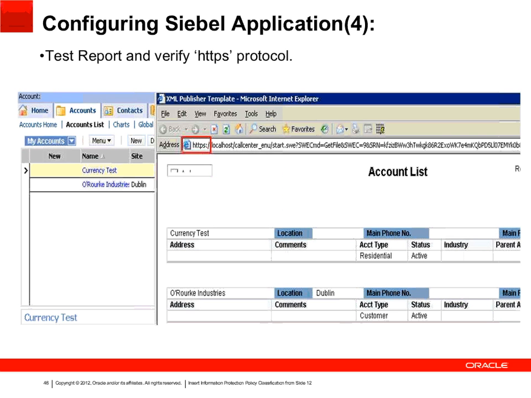Finally, generate a report from a Siebel application. So log into the Siebel application and navigate to the proper screen. From the report menu, select a report for that particular view. Here, as a hint, use the HTML format the first time you are testing a report after SSL configuration.